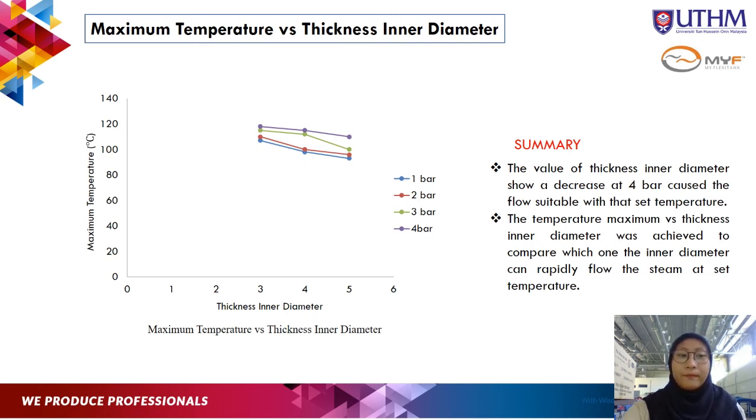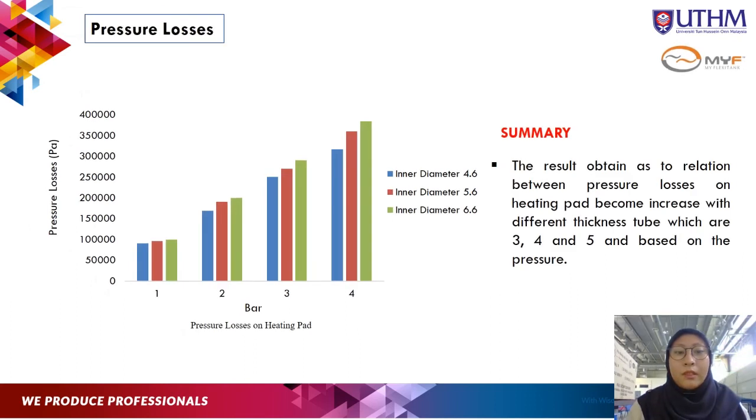That's the pressure losses. From the pressure losses, we calculate the value from the heating pad, and then the value of the thickness increased starting from 1 bar to the 4 bar.